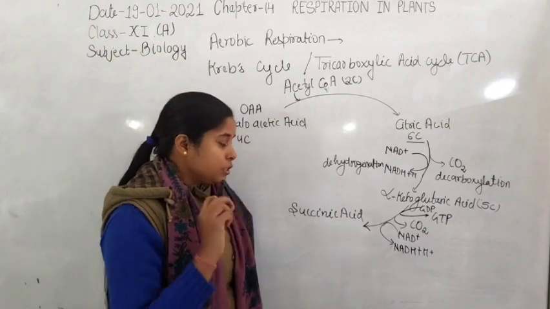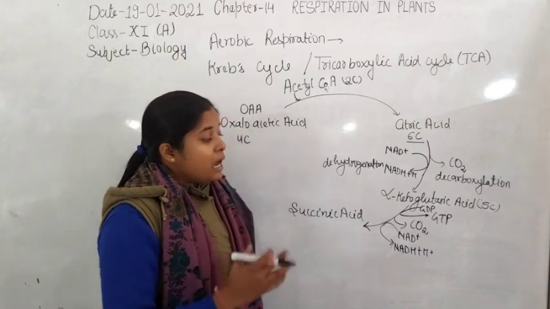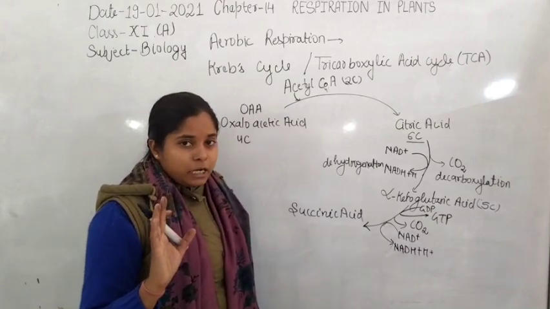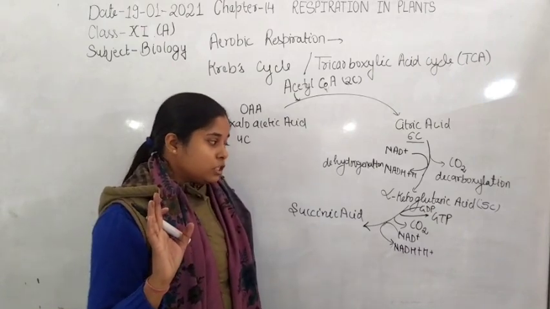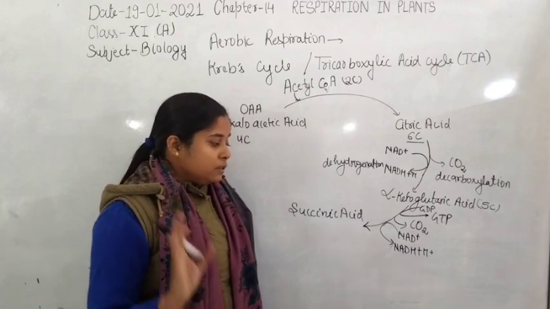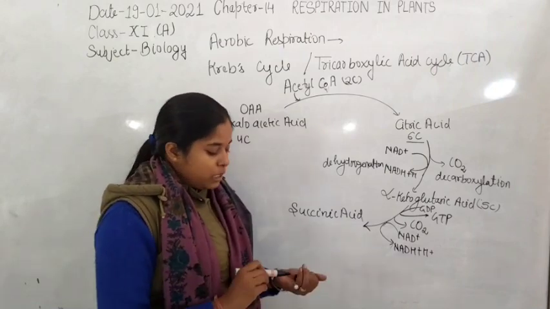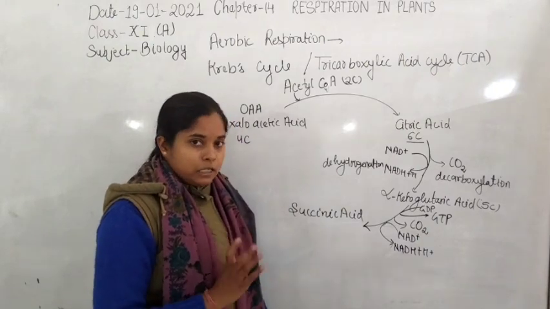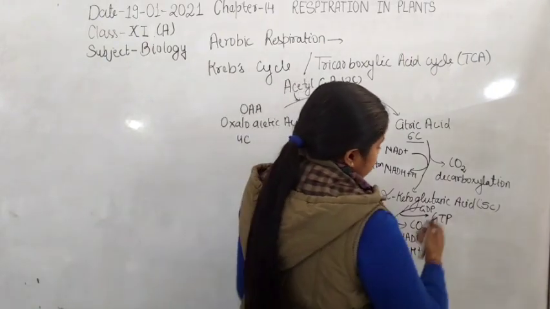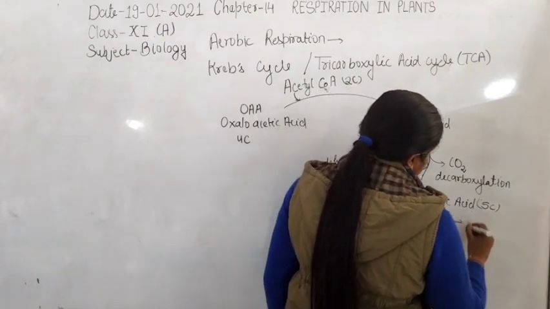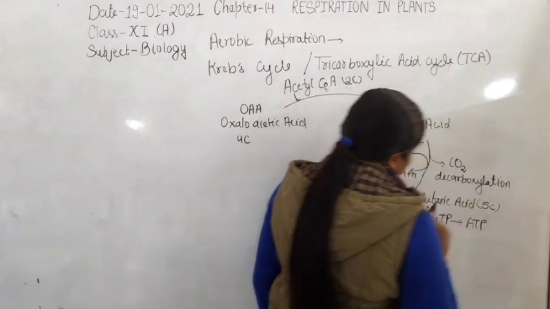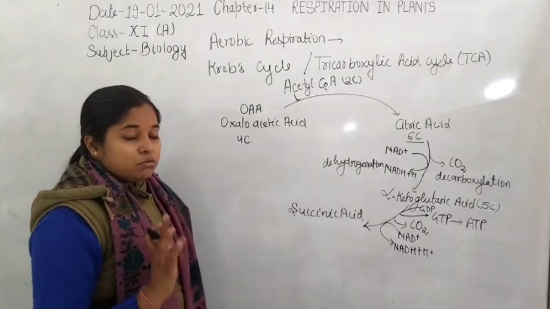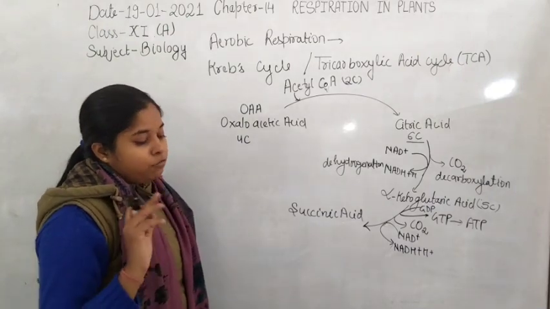The phosphorylation occurs during the reaction, and there is also release of carbon dioxide in the oxidized form, and dehydrogenation also takes place in which hydrogen is removed in the form of NADH plus. The GTP is finally converted into an ATP molecule, and this type of formation of ATP is known as substrate level phosphorylation.